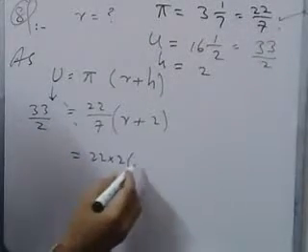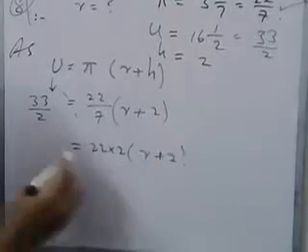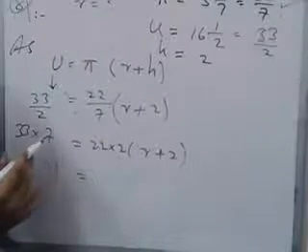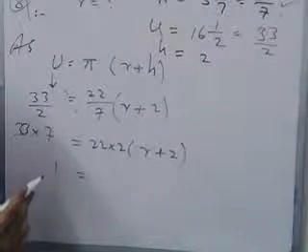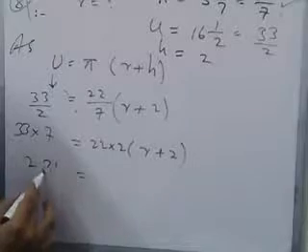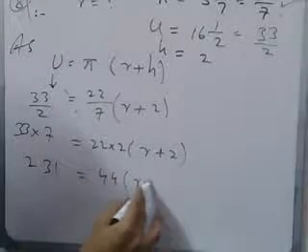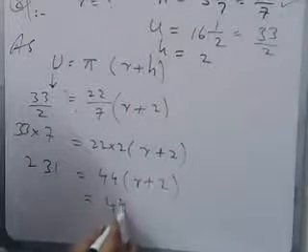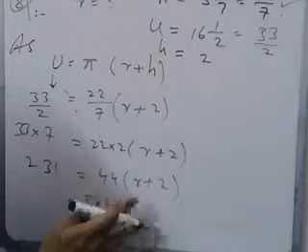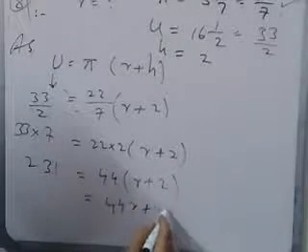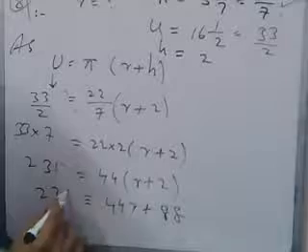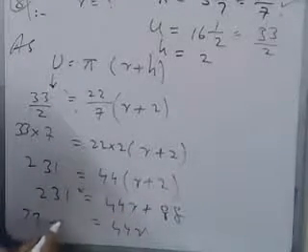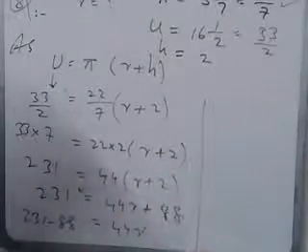By using cross multiplication we have to simplify it. This one and this one multiply, you will get 22 multiplied by 2R plus 2, and this 33 multiplied by 7. 3 sevens are 21, 231, and 44 into R plus 2. Once again multiply to remove the bracket: 44R plus 88 and 231.